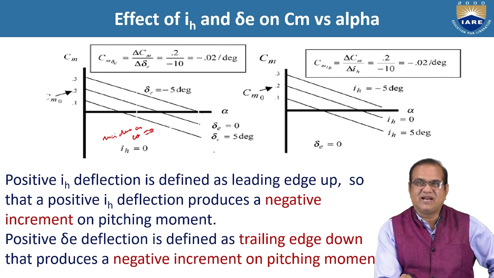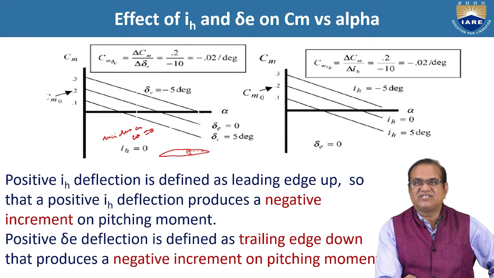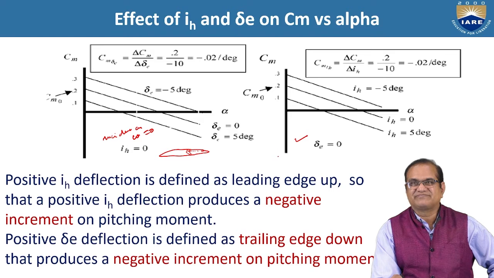So this thing I am drawing here: what is the meaning of incidence angle 0? It means this is 0, and if IH is 0, this is your elevator. So here this elevator also is horizontal in this case.